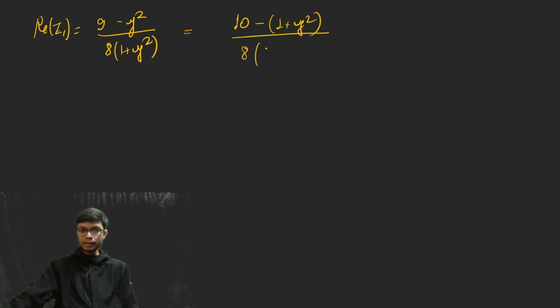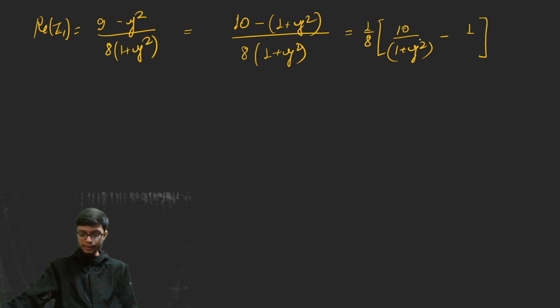Just to get to the interval easily. If I cancel 1 plus y² in the numerator and denominator, it will just become a simple number. So this can also be written as 1 by 8 times (10 by (1 plus y²) minus 1).